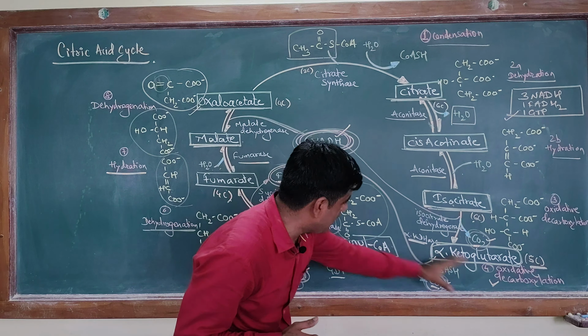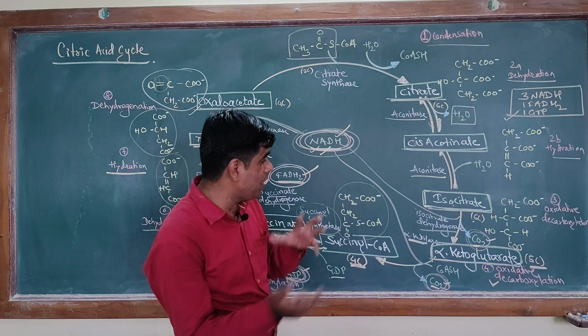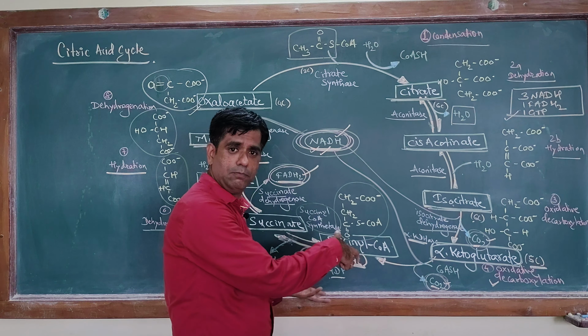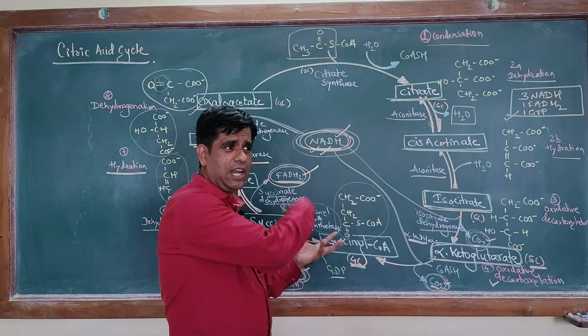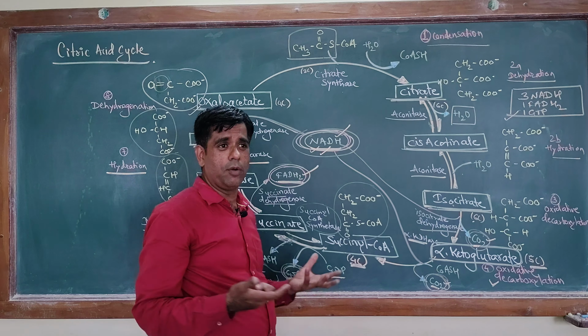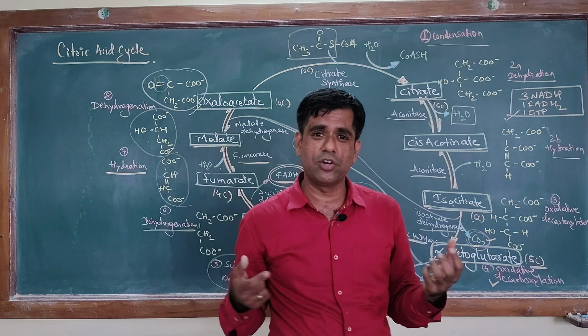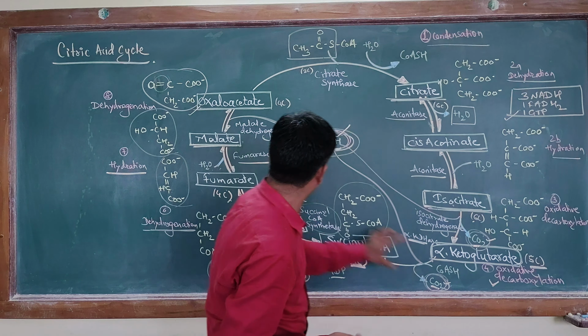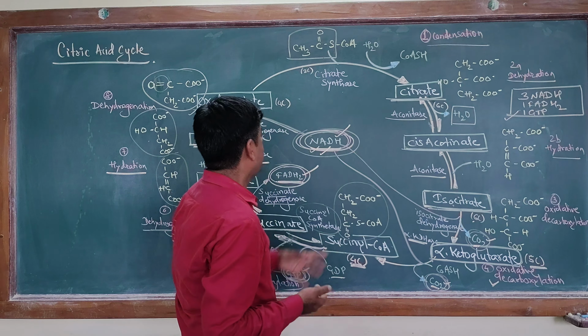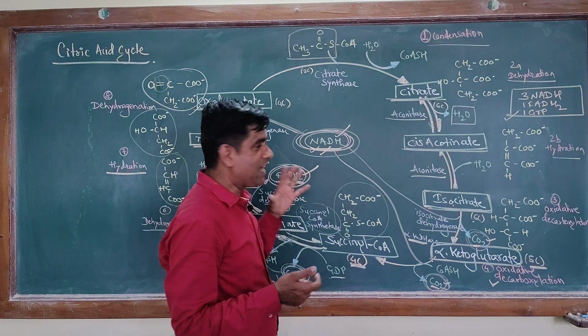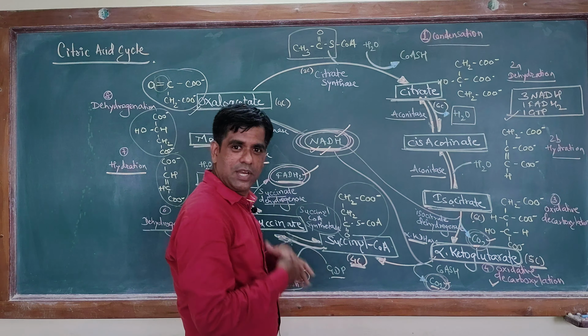Once these intermediates are removed, anaplerotic reactions replace them. And if there are any 4 or 5 carbon intermediates formed during the oxidation of any other amino acid or fatty acid, they can enter this pathway at any moment and this pathway will continue. So that is the citric acid cycle summed up, though there are many more things.